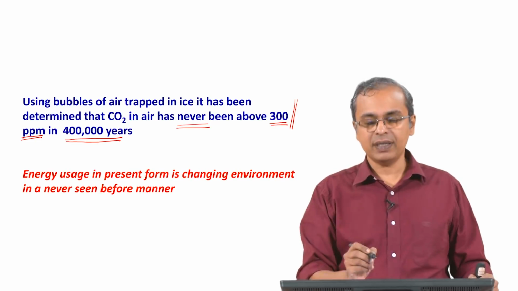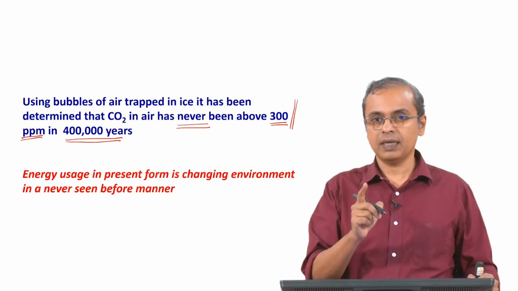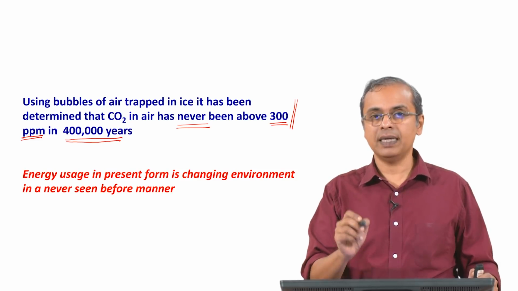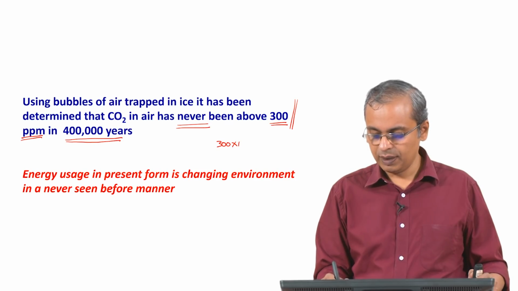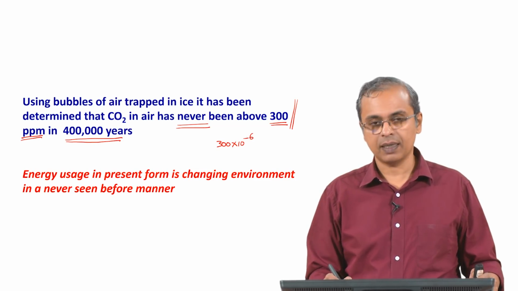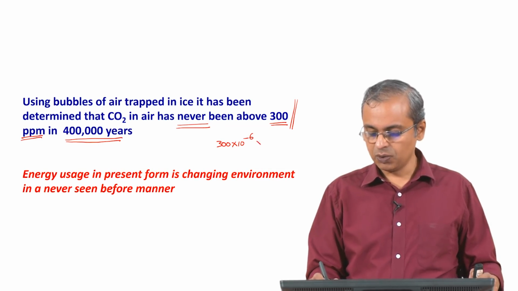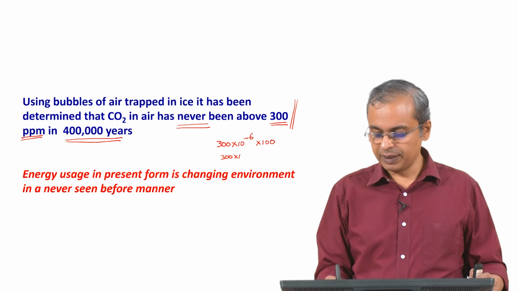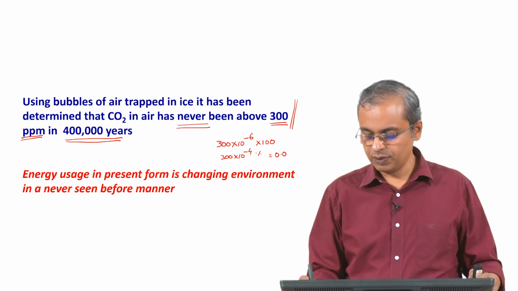Okay. Never ever in the last 400,000 years has the amount of CO2 in the air been more than 300 ppm. 300 ppm is 300 times 10 to the power minus 6 parts, and in percentage, multiplying by 100, that is basically 300 times 10 to the power minus 4 percent, which is 0.03 percent, right.